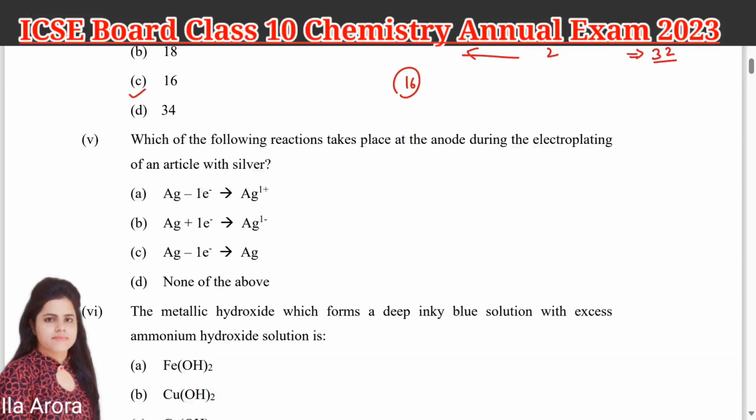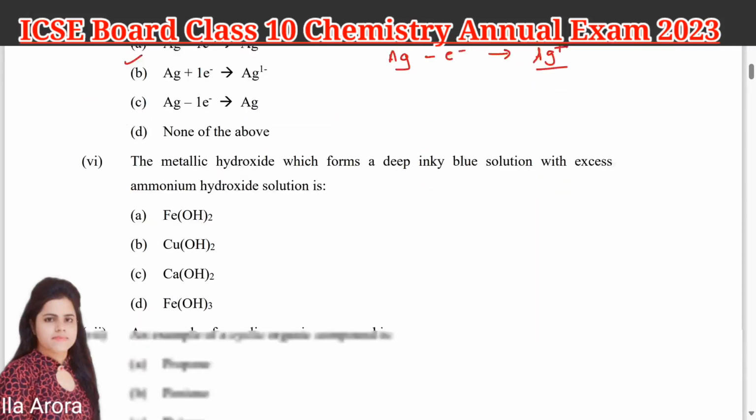Next is: which of the following reactions takes place at the anode during the electroplating of an article with silver. We know that at the anode oxidation takes place. Oxidation means loss of electron. So if you see, A option is giving you the correct answer, meaning silver metal will lose one electron to form Ag+ ion, right?